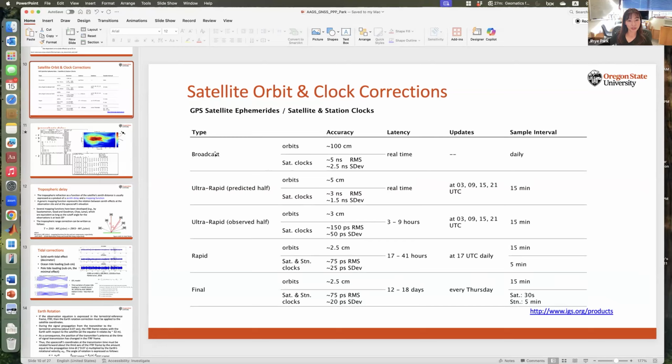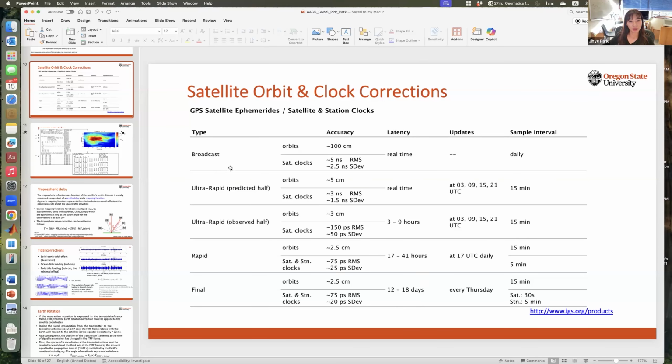As I mentioned earlier, we have the broadcast product from the signal in space, but there are several products produced by the IGS, the agency, associated agencies, and then IGS collect those products and make it available to public. So as you see here, there are some latencies. Obviously, it depends on the accuracy you want to achieve.